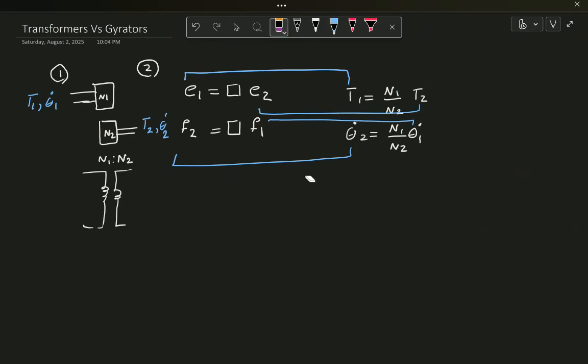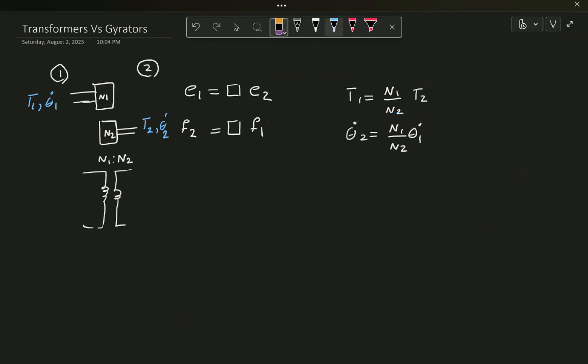And if you remember, if you write down the equation for electric transformers, you had the voltage on the first side and the voltage on the second side, and also the current on the first side and the current on the second side.